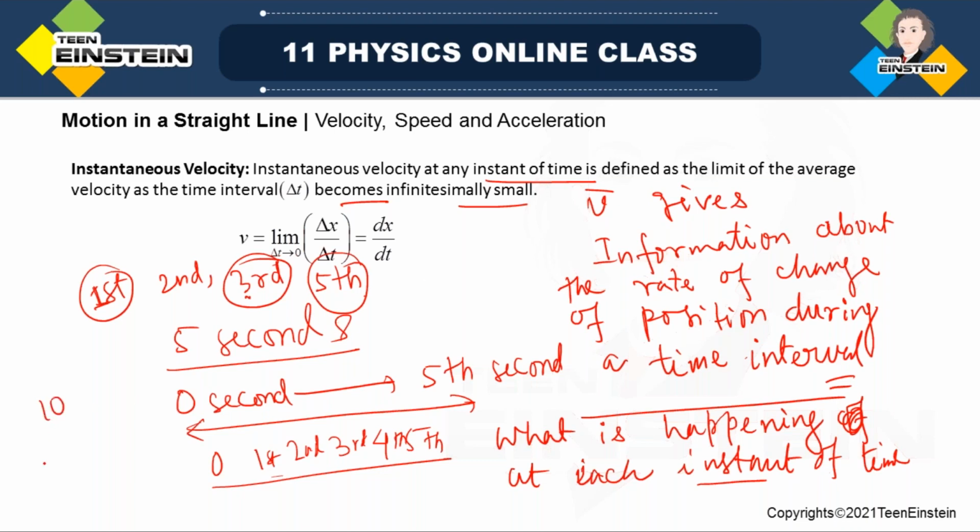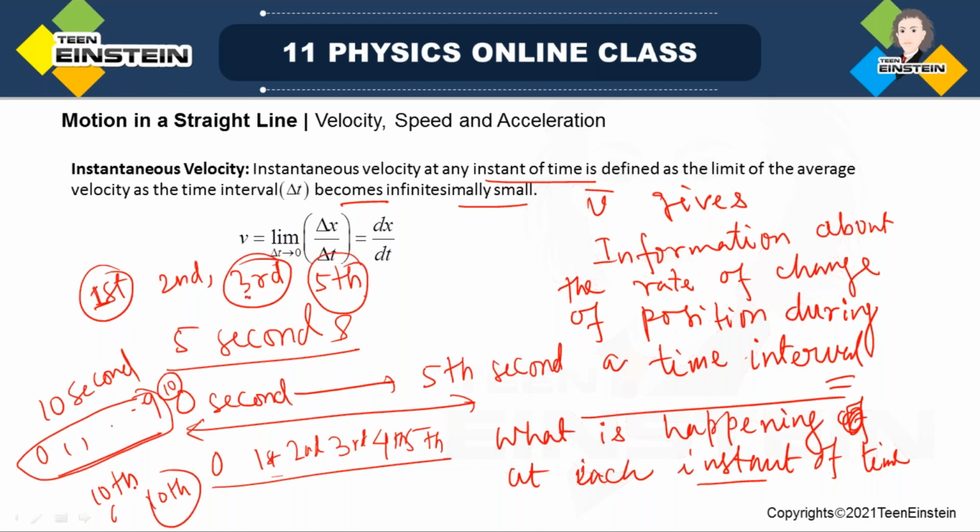When I say 10 seconds, it includes all of 0, 1, 2, 3, 4 up to 9, and then comes 10 seconds. But when I say 10th second, all these are excluded. Only this one alone is the interval. 10th means only one particular instant.